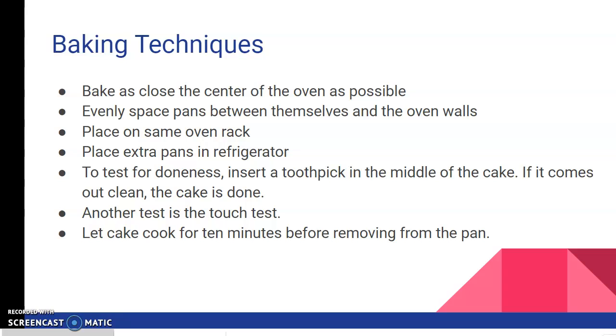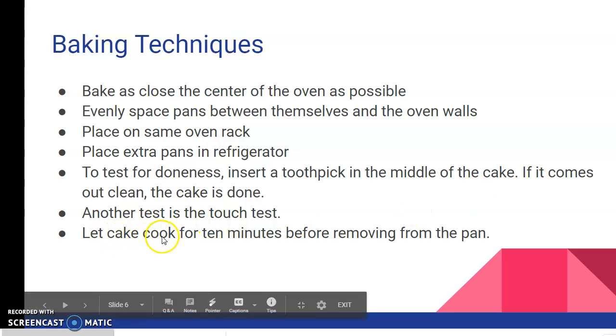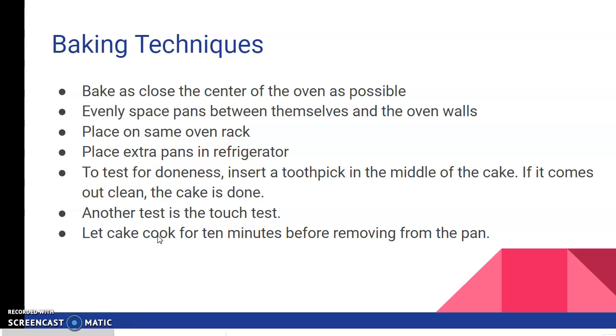You want to make sure that you let the cake rest and cool for 10 minutes. I don't know why I said cook. I'm sorry. That should say cool. Let the cake cool for 10 minutes before removing from the pan. And so there's going to be certain protocol that you're going to follow when you are removing a cake from a pan.